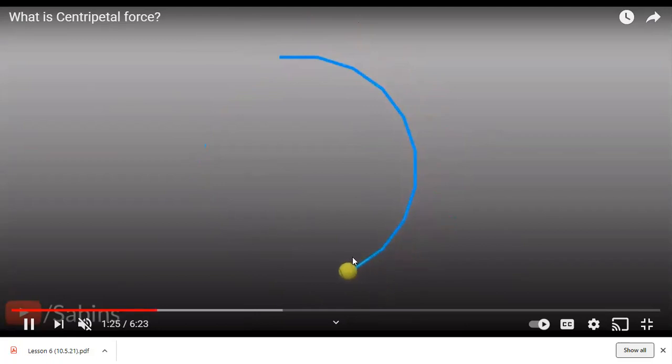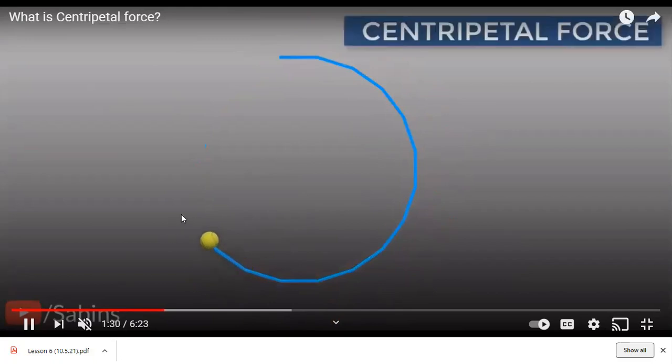The red arrows show the centripetal force which you are applying inward such that the body can complete a circular path, while the velocity, the direction of motion, is always perpendicular to the applied force. So I hope the concept of centripetal force is clear.